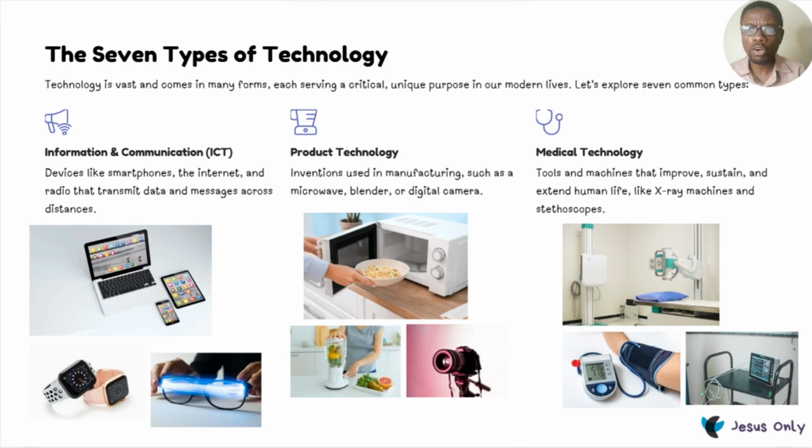Next is what we call product technology, and product technology has to do with the production of things, products, things that you can see around, from your blender to your microwave, your toaster, your camera stand, your lighting, any technology that you can produce.